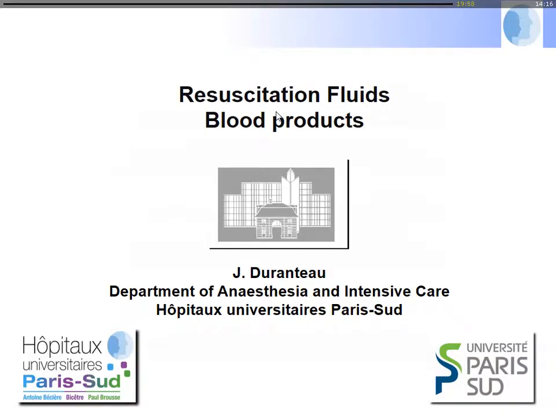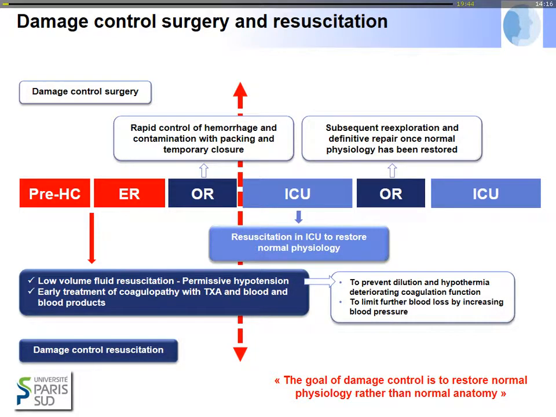So I will focus my talk on blood transfusion, especially in trauma patients and in hemorrhagic shock. We know that before controlling the bleeding in a trauma patient, we have to be concerned about preventing an increase of the bleeding.